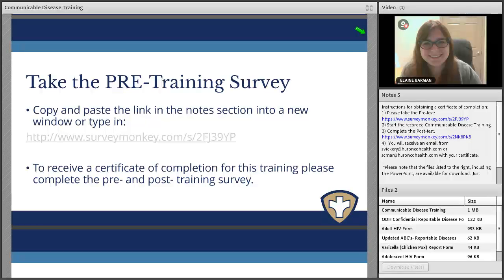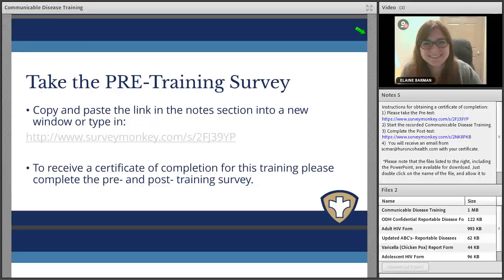On the right-hand side, you'll see the notes section. The notes section is going to contain all of the information that you need for taking the surveys and what emails you'll receive your certificate through. So you'll receive it from SMAR at Huron County Public Health.